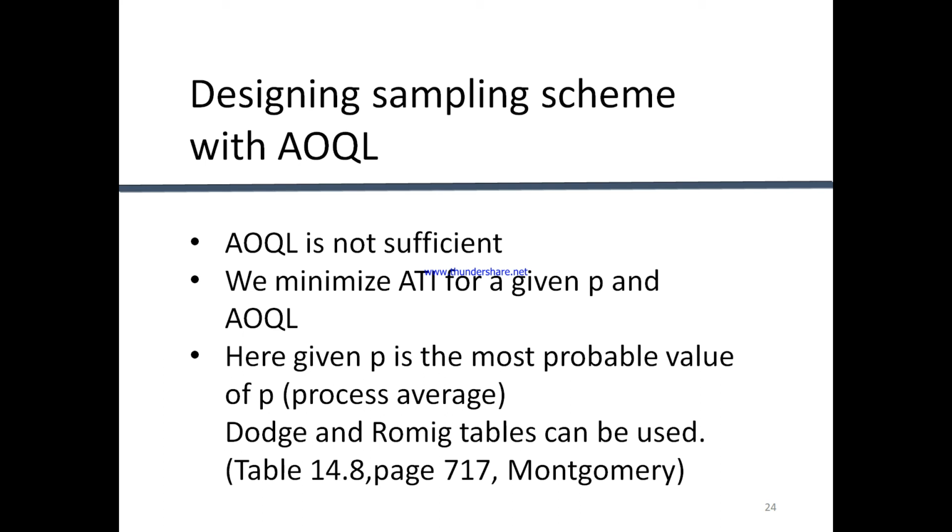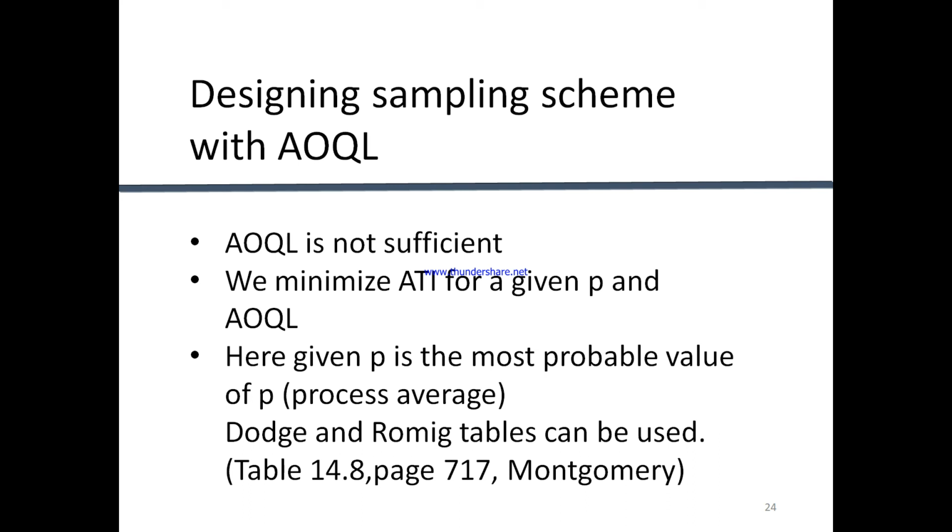If you are asked to design a sampling scheme by giving the AOQL value, that is, the average outgoing quality level, that is not possible, because to design a sampling scheme we need other information as well. The AOQL value is not sufficient to design a sampling scheme.